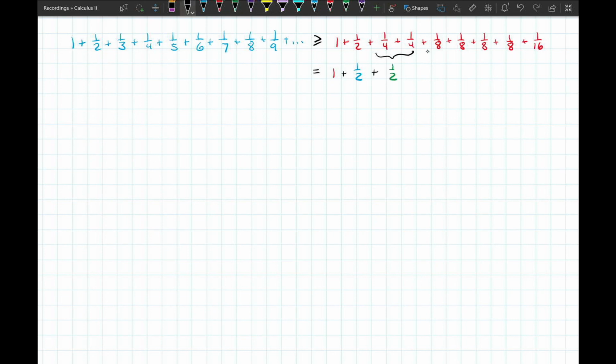And we have 4/8 added together, and 4/8 is also 1/2. And you're going to find that we have 8 of those 1/16, and that also ends up being 1/2. And so really we have 1 plus 1/2 plus 1/2 plus 1/2 forever. And we can see that that would become infinite. And that's how we found out that the harmonic series is divergent without using calculus. It just involves a little bit more creativity.